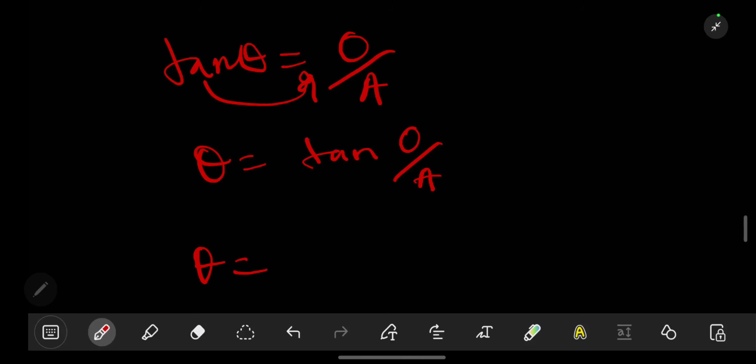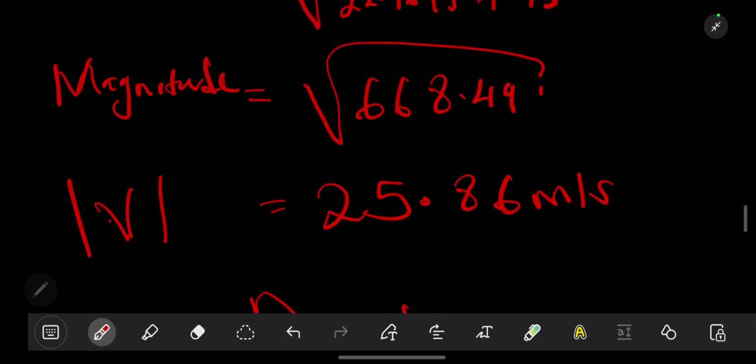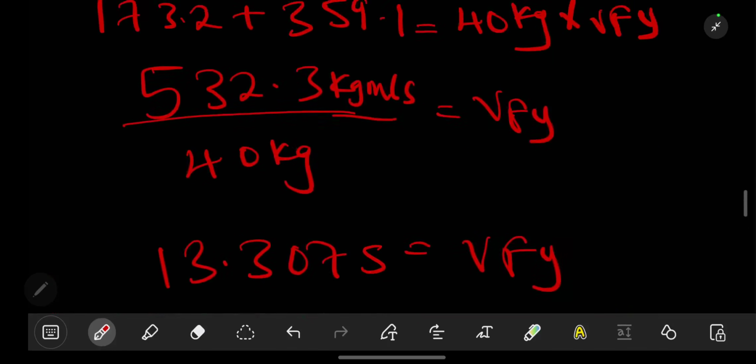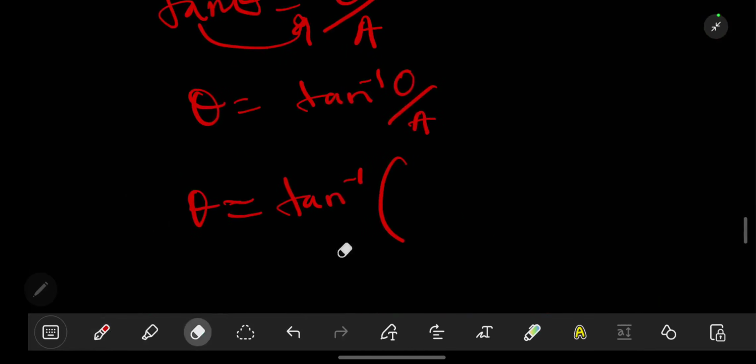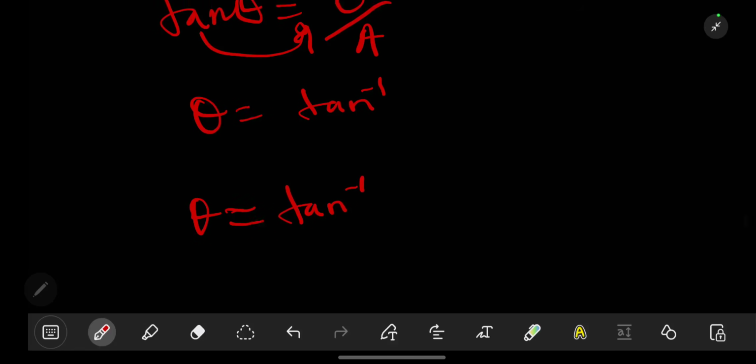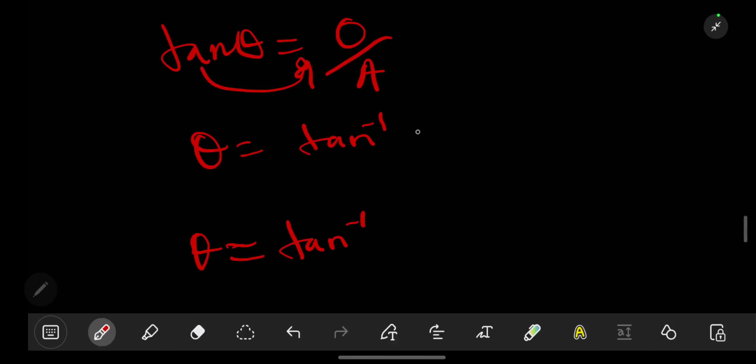Not just tan inverse of our opposite. Our opposite is the y component, so Vy over the Vx.